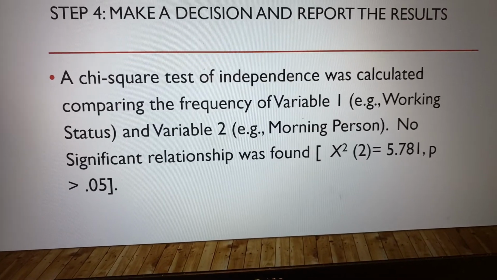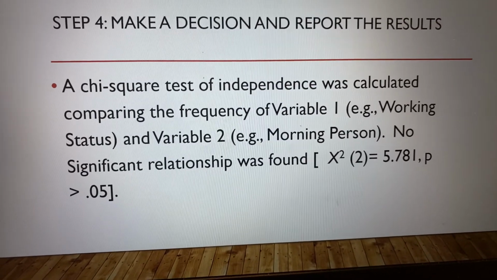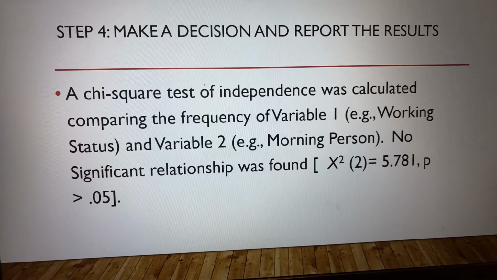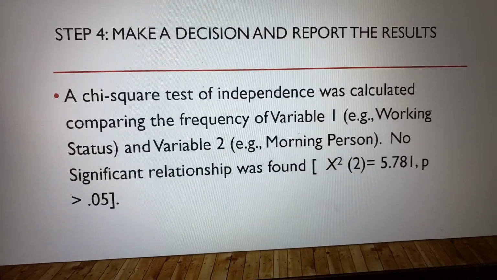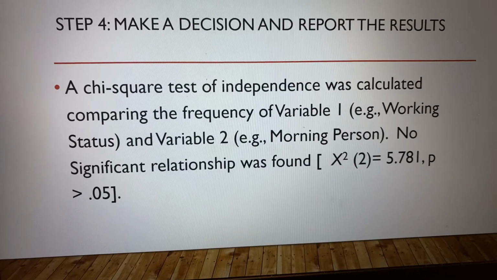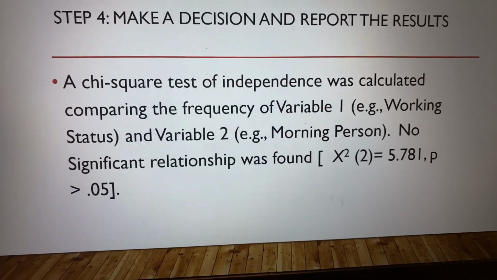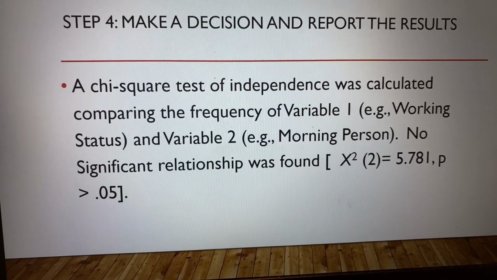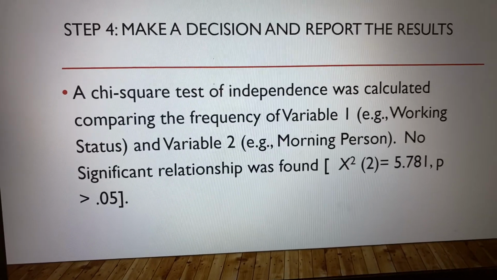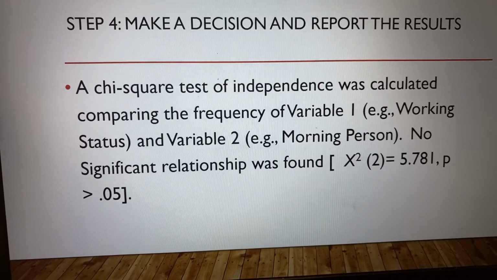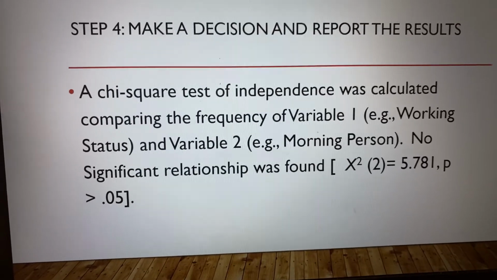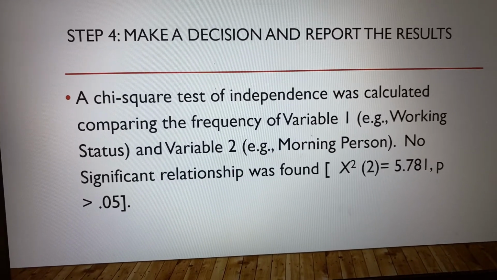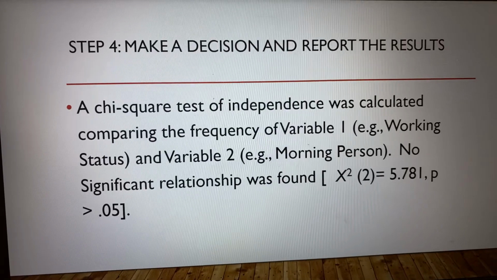So you have to say that in my research, according to this, later when you give a more detailed explanation, you can say working status has nothing to do with whether people are able to wake up in the morning or not, nothing to do with their preference for waking up early in the morning. So these are the steps.